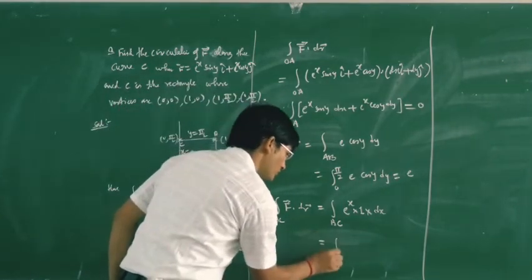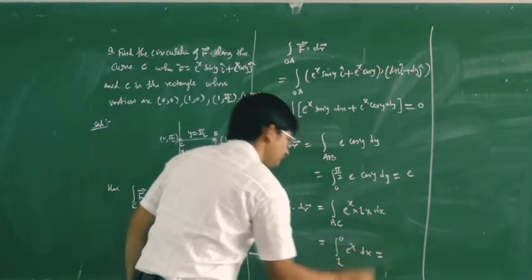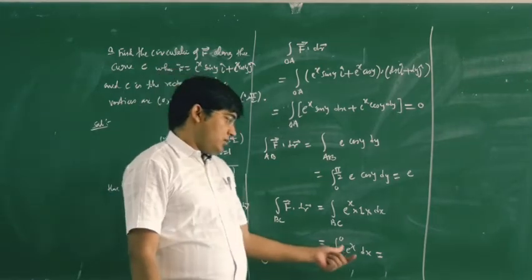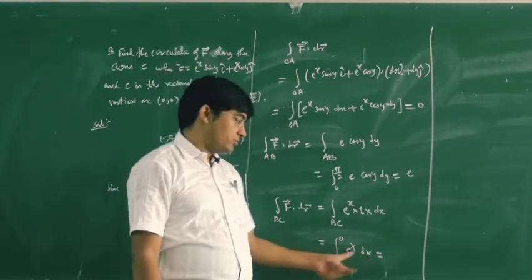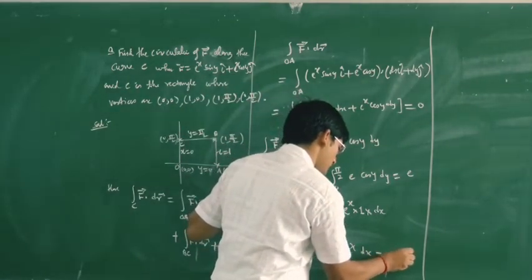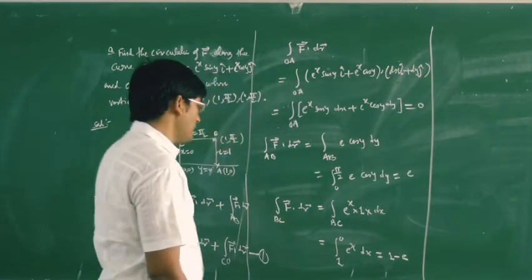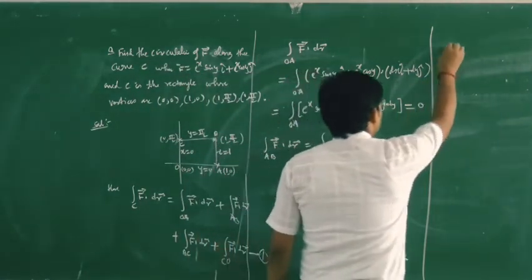So this will be the integral from 1 to 0 of e^x dx, and the integration of e^x is e^x. So for the upper limit, this will be e^0, which is 1, and for the lower limit we have minus e.